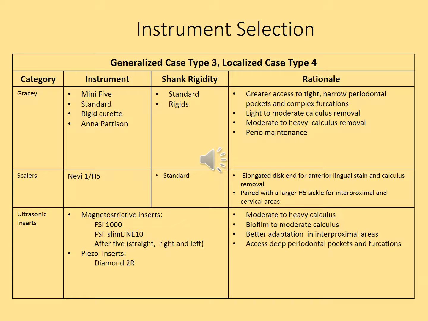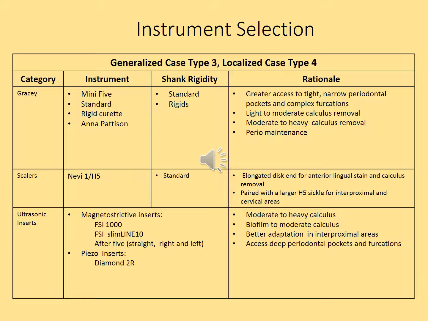The scalers: the Nevi 1 and H5, which is an elongated disc and for anterior lingual stain and calculus removal, paired with a larger H5 circle for interproximal and cervical areas.